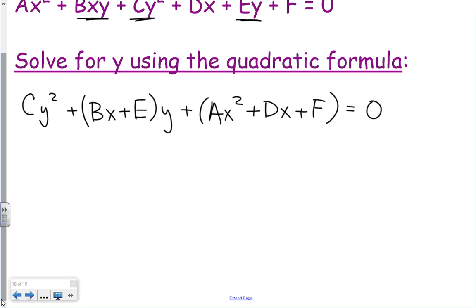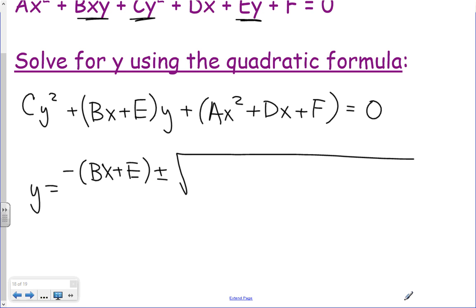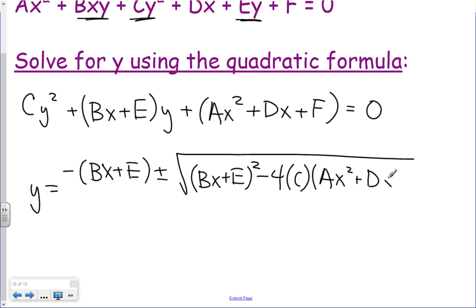We have a quadratic formula that tells us how to solve these equations. If you want to solve this for y, our quadratic formula tells us the following. Y is equal to the opposite of the middle term here, so the opposite of bx plus e, plus or minus the square root of the middle term squared, so the bx plus e squared, minus 4 times the first term, which is c, times the last term, which is the ax squared plus dx plus f.